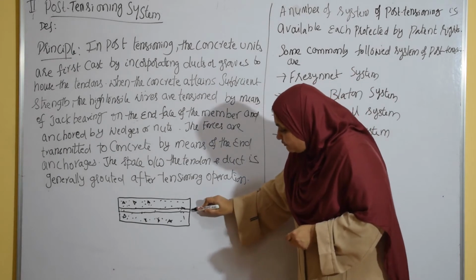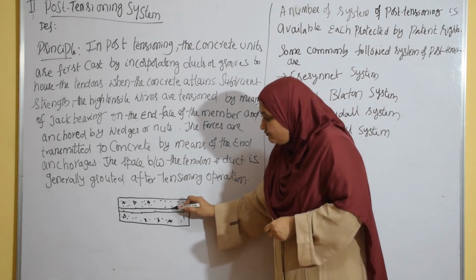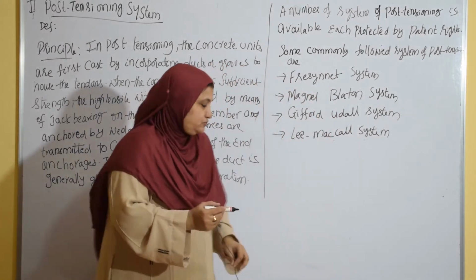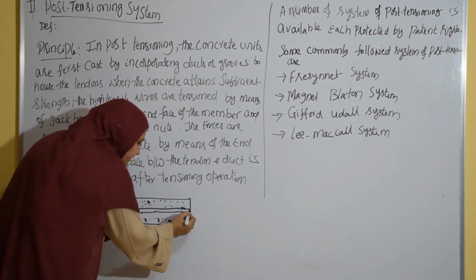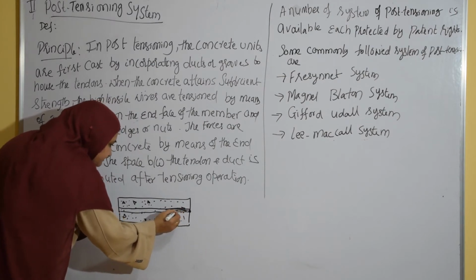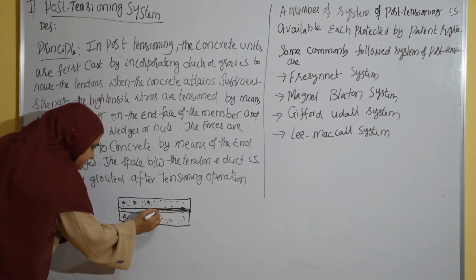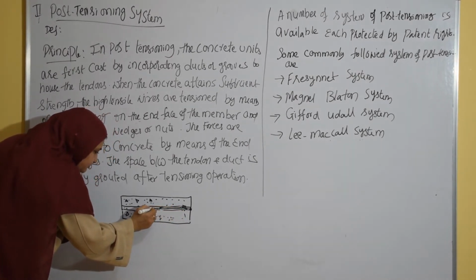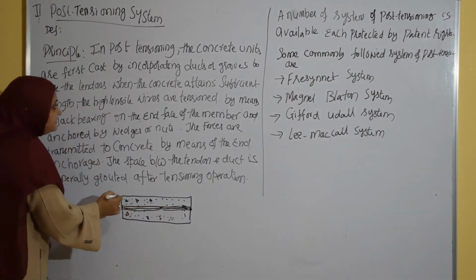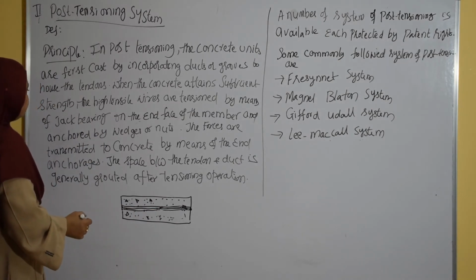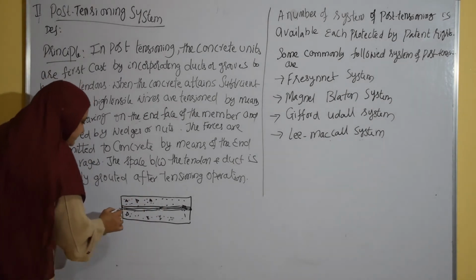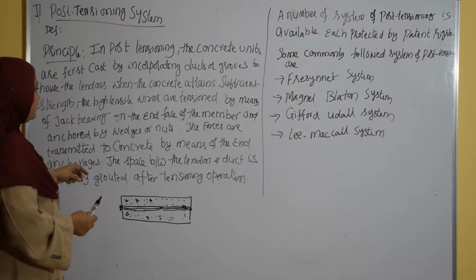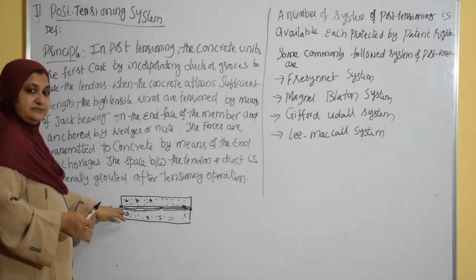Once it is hardened, this groove, an open duct, will be there, and the wires will be introduced into it. A hole will be there here, so through this the wire will be placed inside. The wires will be placed in this groove. Then they are tensioned by means of a jack bearing. With the help of wedges or nuts, it will be fixed, right?